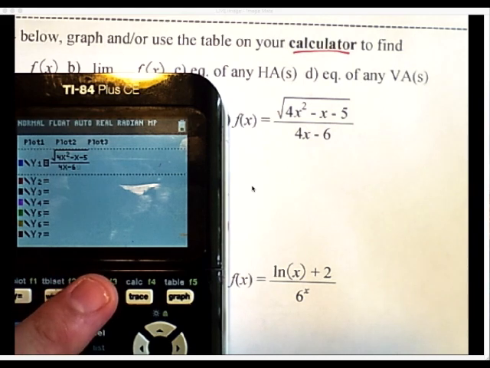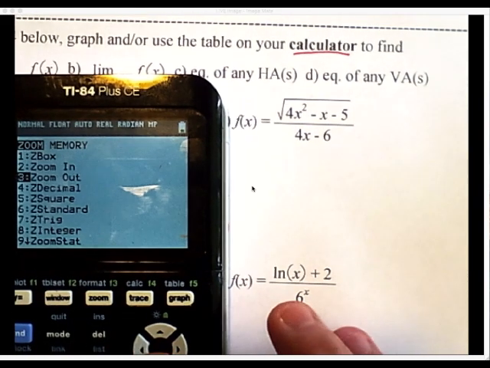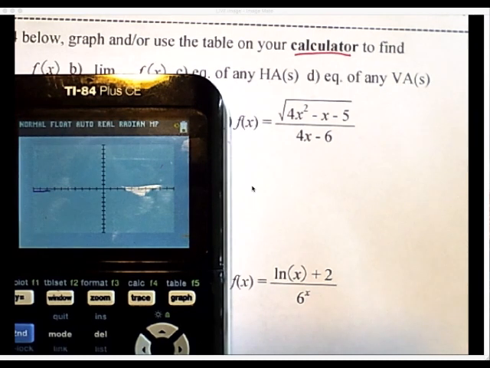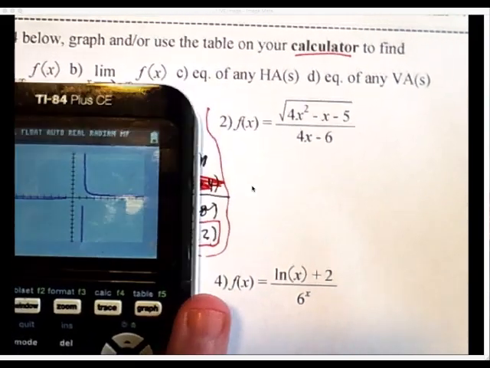And again, I don't know what it's going to look like, so I'm going to start with a 10 by 10 window, so zoom standard. All right, this one looks a little bit weird. So let's try to do part A.